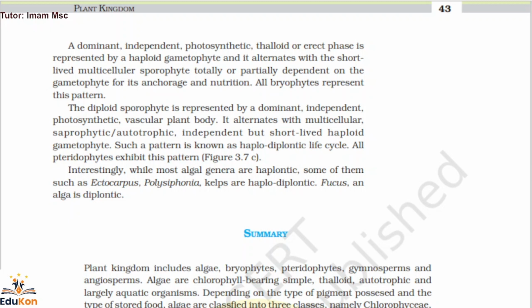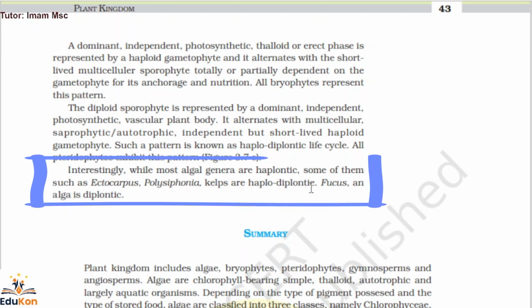Interestingly, while most algal genera are haplontic, some of them such as Ectocarpus, Polysiphonia and kelps are haplodiplontic. So this is very, very important. What is an example of an alga which exhibits the haplodiplontic life cycle? We have three examples here: Ectocarpus, Polysiphonia, kelps, which are haplodiplontic.